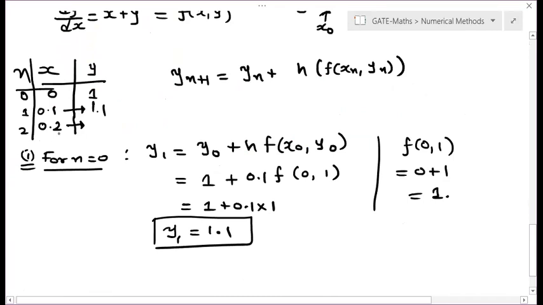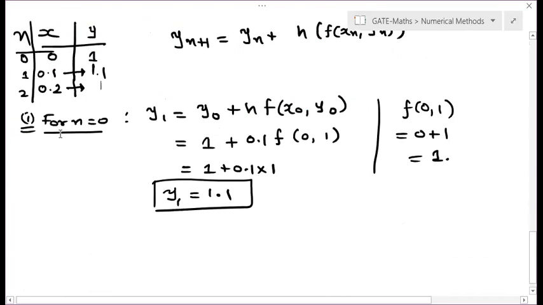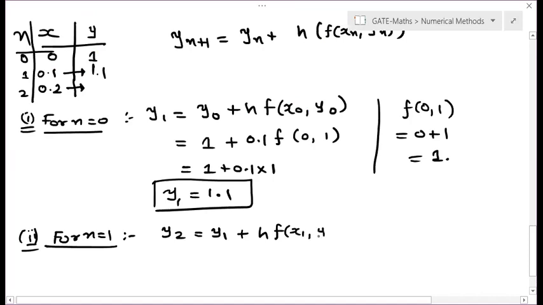Now with the help of x1, y1, we will find y2. For y2, I put n equal to 1. So y2 equals y1 plus h times f of x1, comma y1. What is y1 over here, students? 1.1, plus h, which is 0.1, times f of x1, y1, that is f of 0.1, comma 1.1.